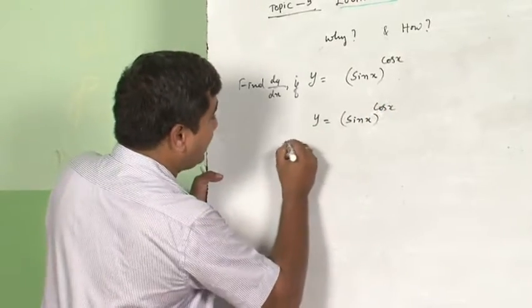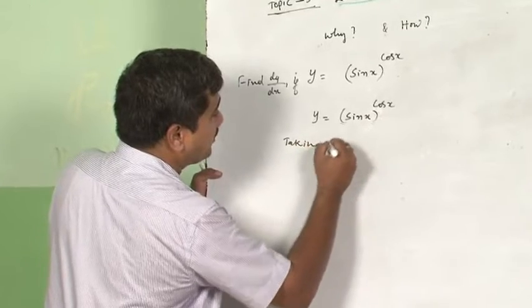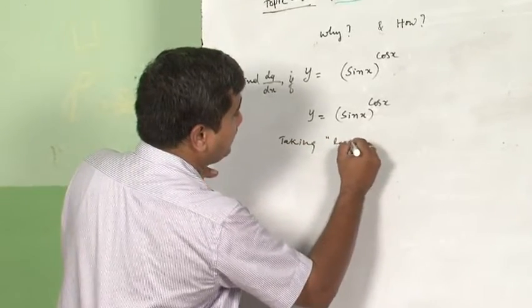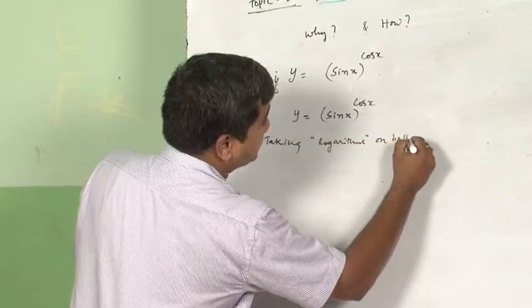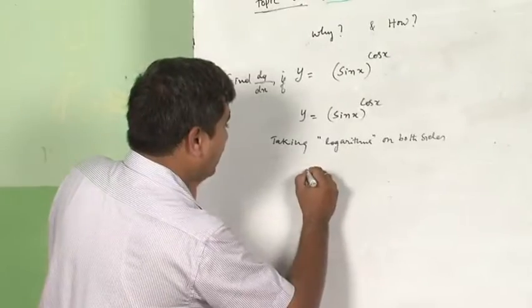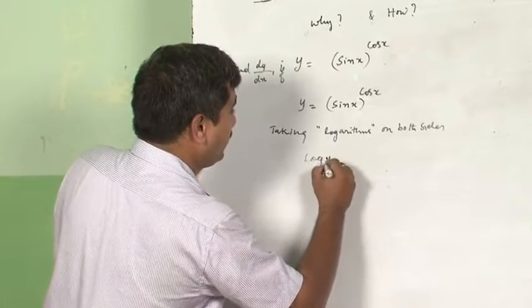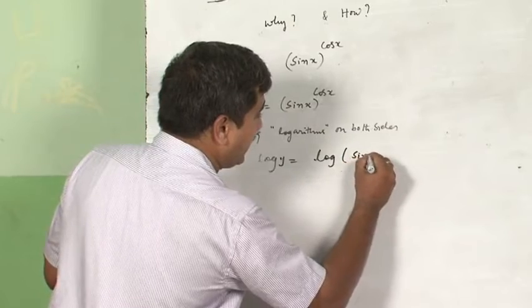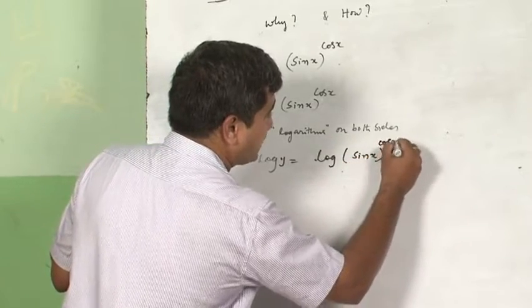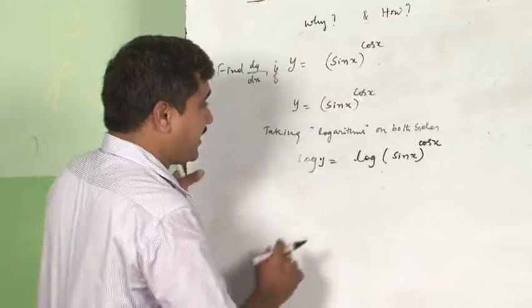Now, taking logarithms on both sides, you get log y is equal to log sin x to the power cos x. Now, what happens in this case?